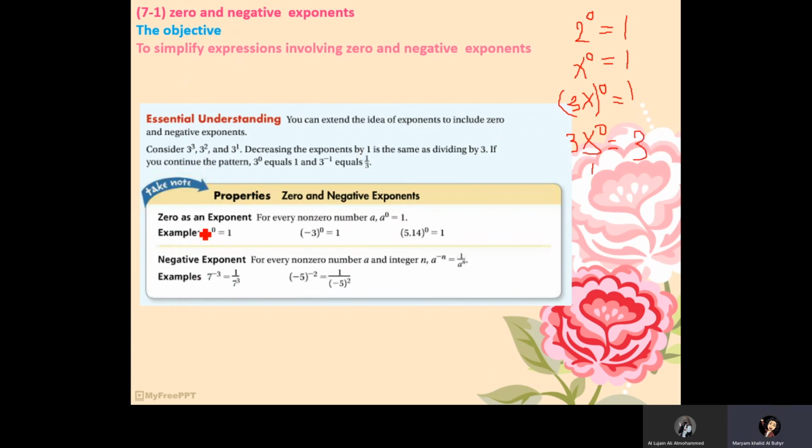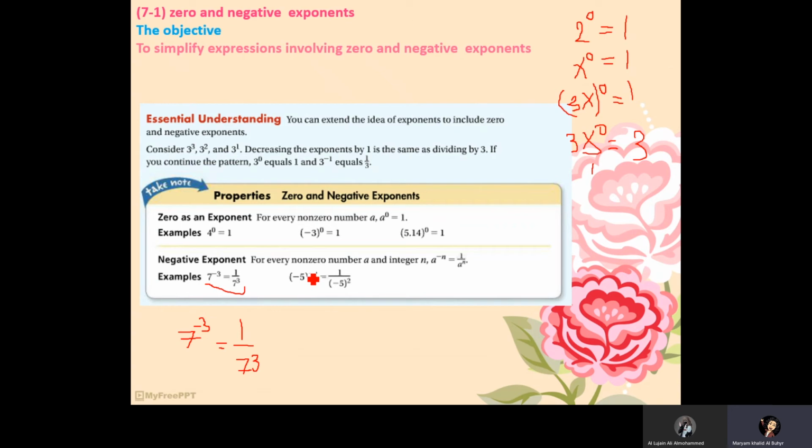Now let's move to the negative exponent. If you have a negative exponent like this, 7 to the power negative 3, you cannot calculate it like this. Just flip this one, move it down. So 1 over 7 to the power 3. Just move it down and make it positive.